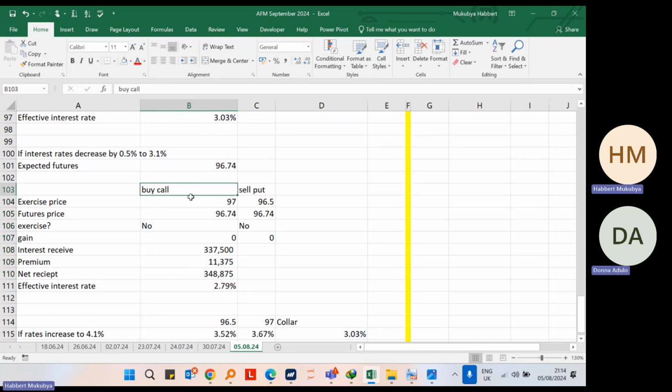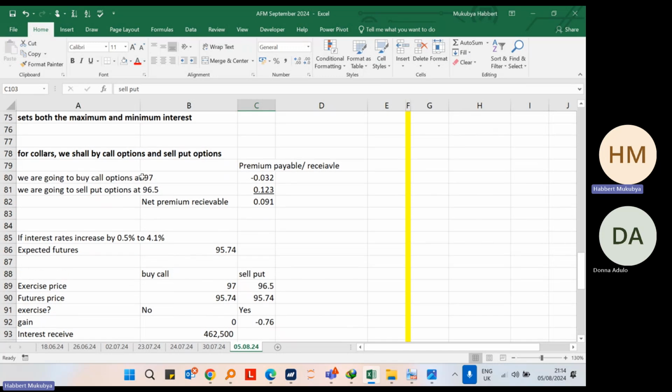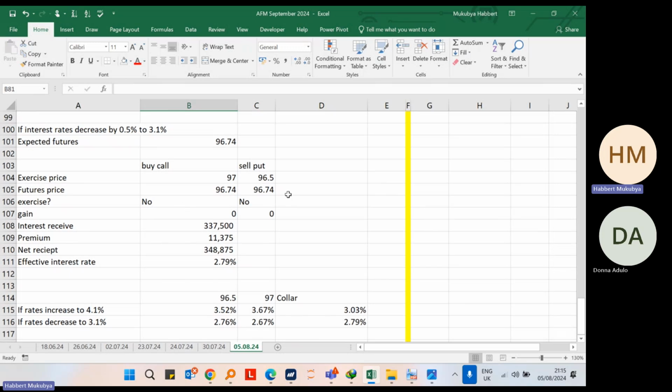So remember we have decided that we are going to buy call options at 97 and sell put options at 96.5, which means that what I copy from up is the 97 call option. Then for the put option, it's a brand new column where I compare the exercise price and the futures price, and I determine if I should exercise the option to sell or not. Oh, okay. Yeah.